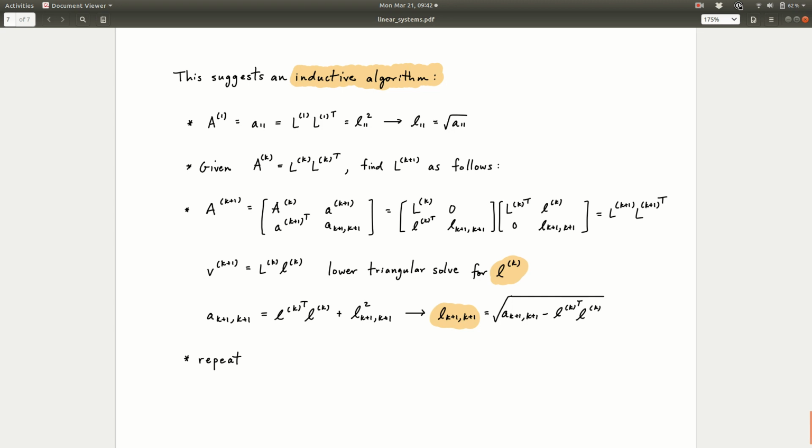The next step in induction is to assume you have the solution for the kth step and show that you can find the solution for the k plus 1 step. Okay, so here's the solution for the k plus 1 step. You can write it out in the following way. The upper k by k submatrix of A^(k+1) is just the upper k by k submatrix of A. And then you have extra stuff, but now I'm going to write out explicitly what the extra stuff is.